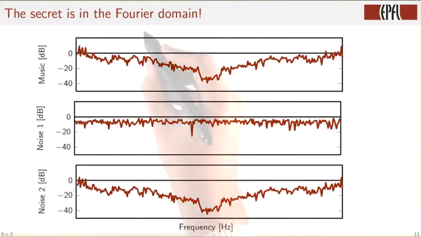And the secret, as you may guess, is found in the Fourier domain. So we plot the DFT spectrum of the music again on a log scale. That's the top graph, and you see there is some spectral decay, and it has a very particular shape, which depends on this particular piece of music.